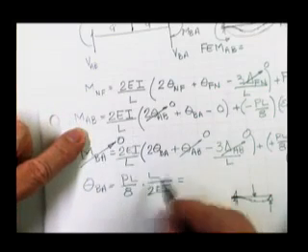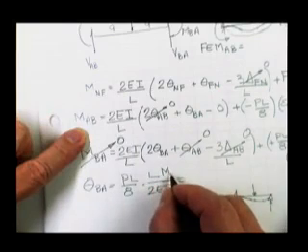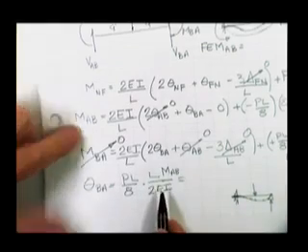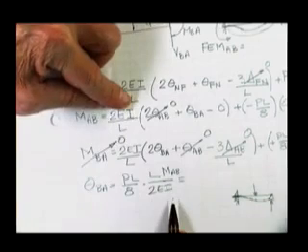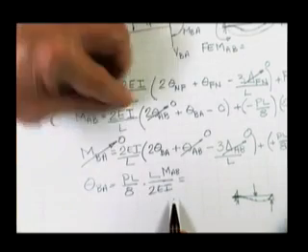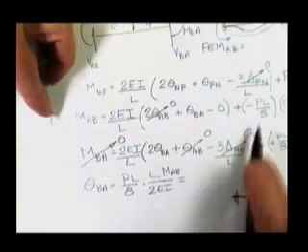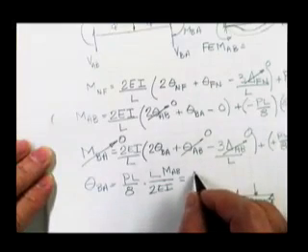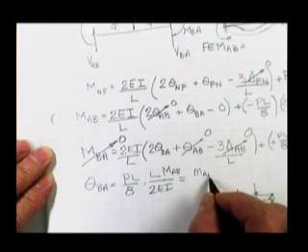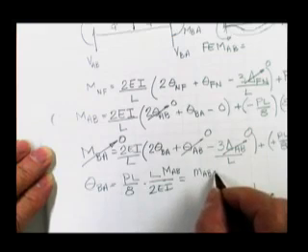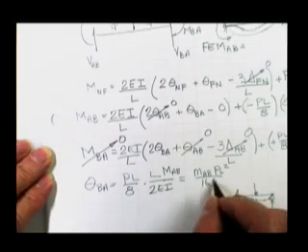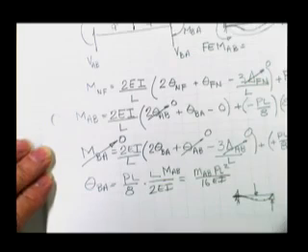Yeah, M sub AB, thank you. All right, M sub AB, L over 2EI is on this side to be multiplied on the other side, PL over 8. All right, so M sub AB is PL squared over 16EI. I got all the math right finally.